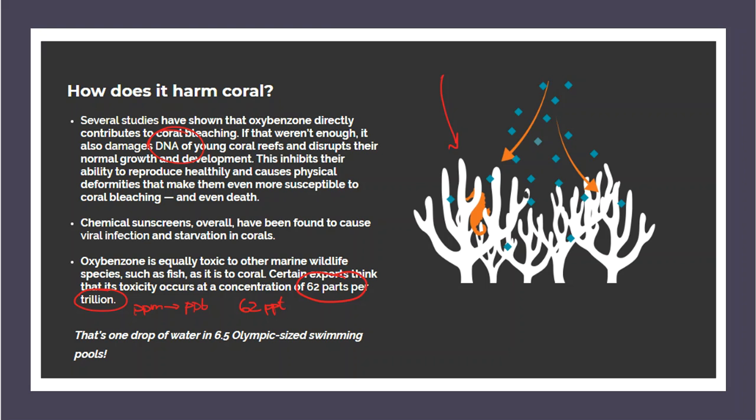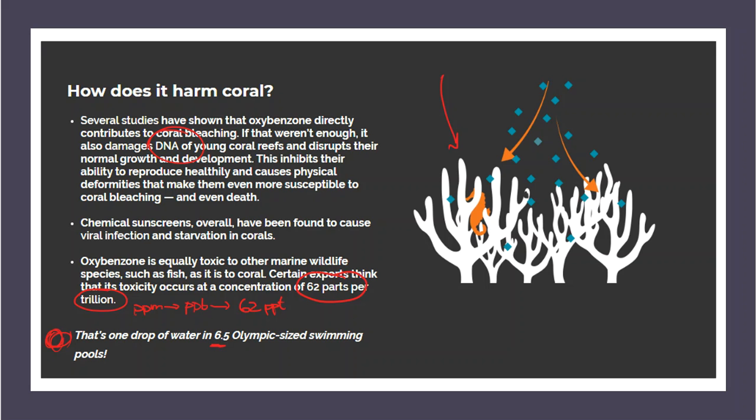Imagine how super clean we had to be during that time. Part per trillion is another level below. Super tiny. And it's going to tell you down here, if you need to reference that, that's one drop of water in 6.5 Olympic-sized swimming pools.